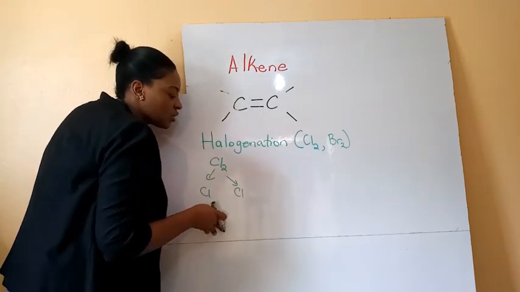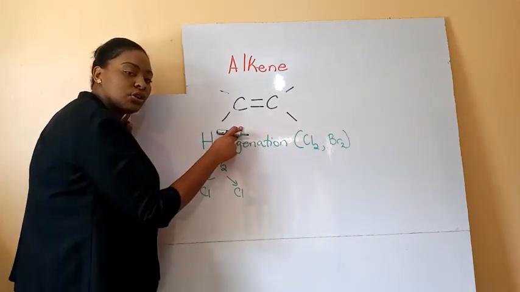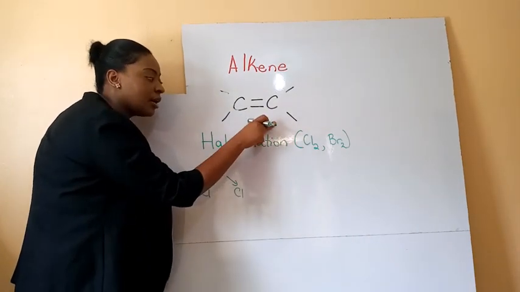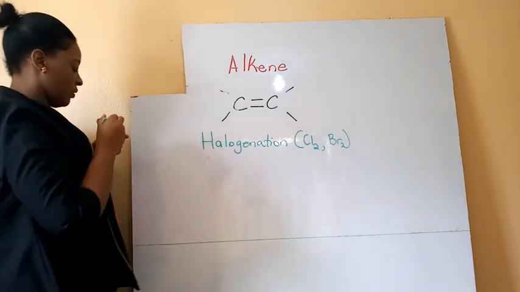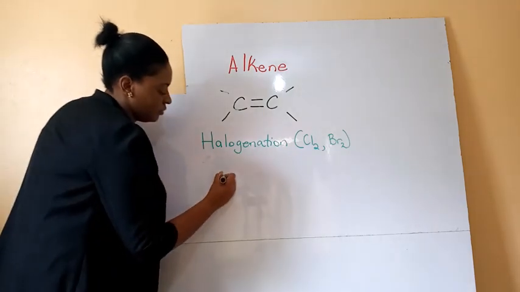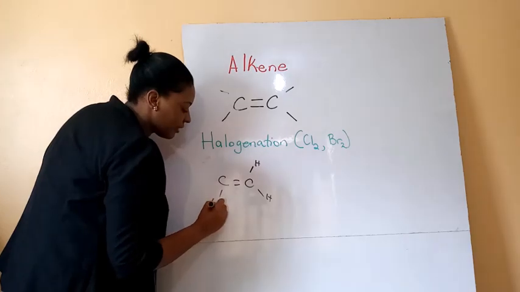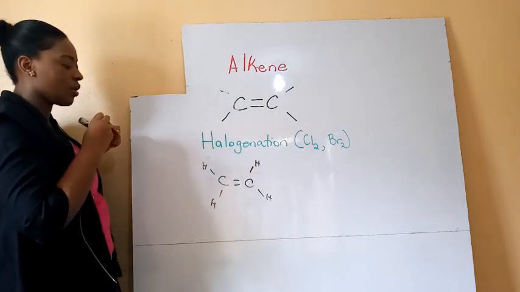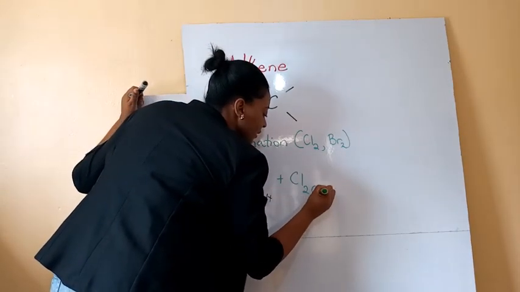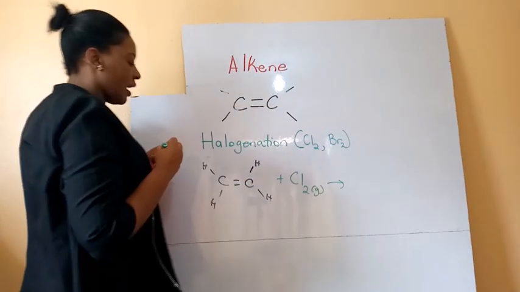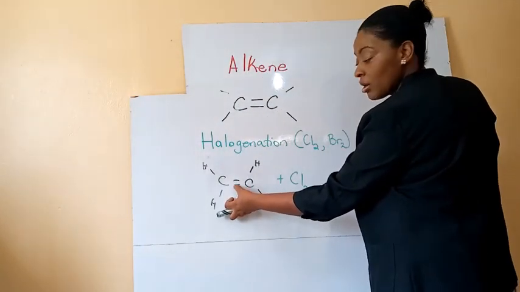So in halogenation, if we're using chlorine, we're going to add chlorine to one carbon in the double bond and chlorine to the other carbon in the double bond. Let's use ethene as the example. So we draw ethene, and to ethene we are going to add Cl2 gas in the reaction, and what's going to happen is this double bond right here is going to break.